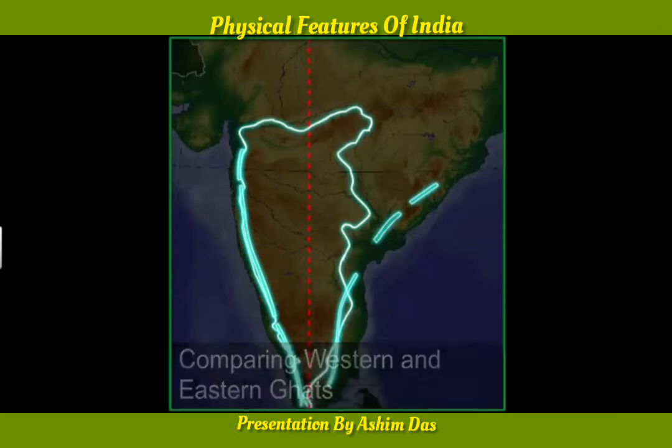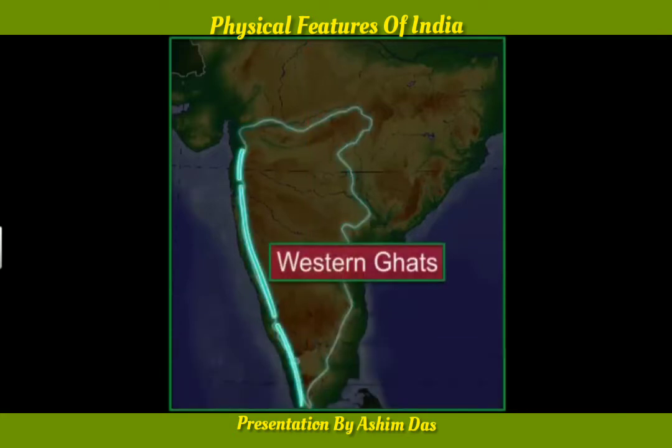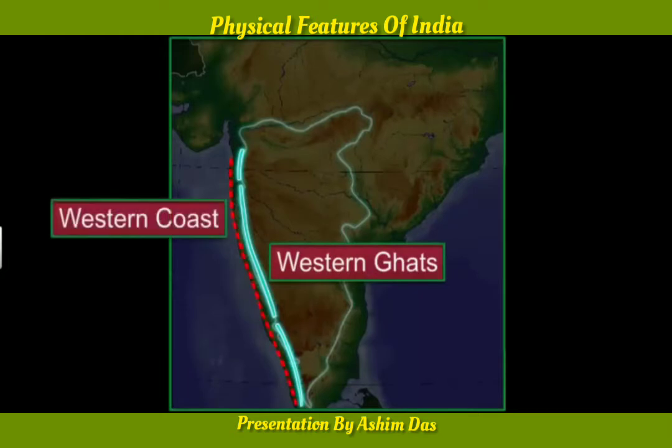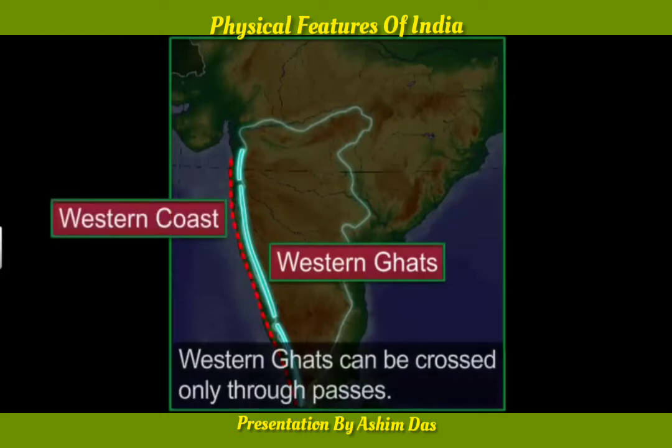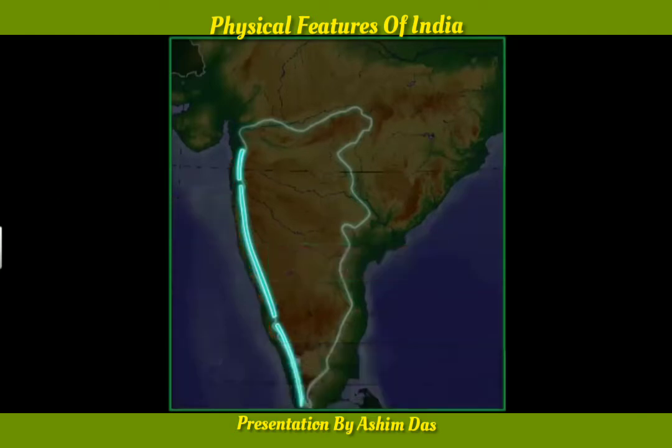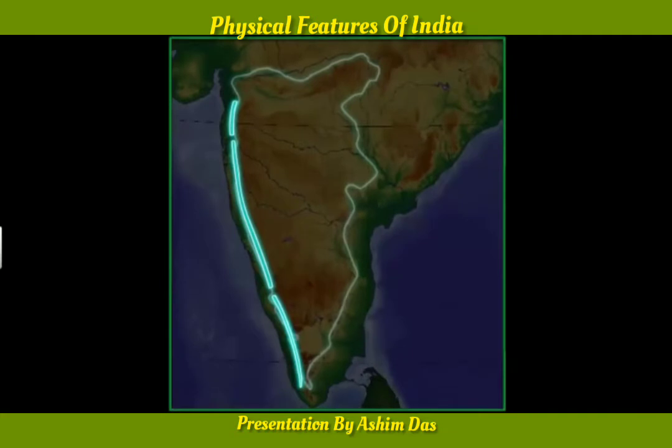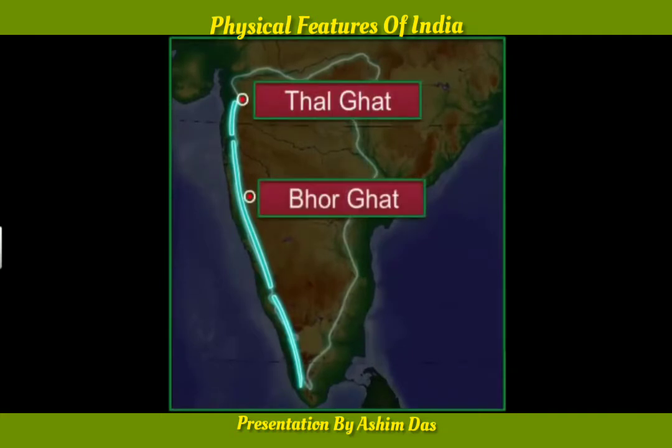The Western Ghats lie parallel to the western coast. They are continuous and can be crossed through passes only. For example, the Thal Ghat and the Bhor Ghat passes act as links between the interiors of the Deccan Plateau and Mumbai.